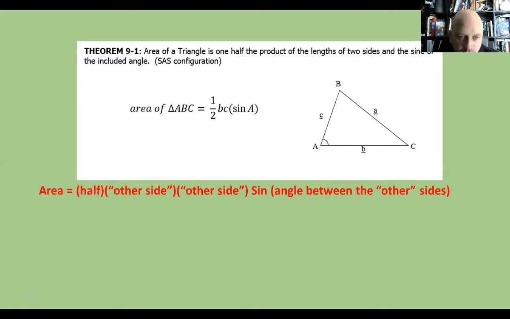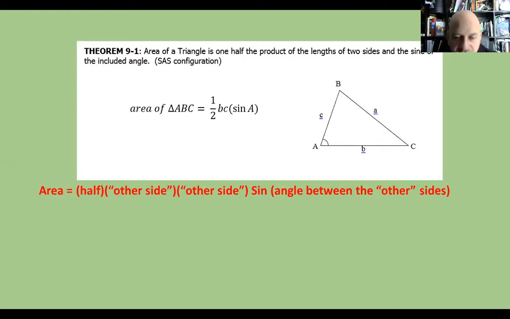Now this 1/2 right here can be written a couple different ways. You could use 1/2 in your calculation. You could take BC sine A and then divide that by 2, which would be the same thing as 1/2. Or you can convert this to 0.5.